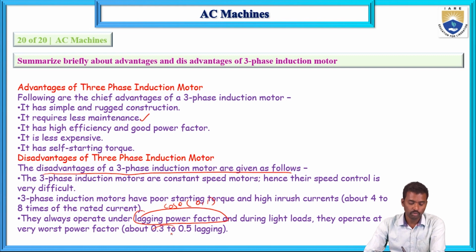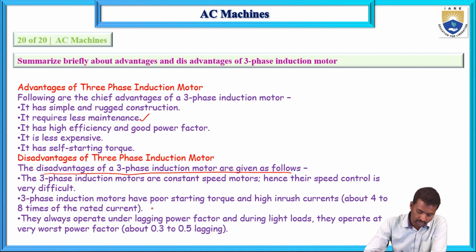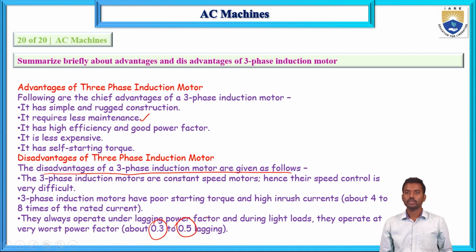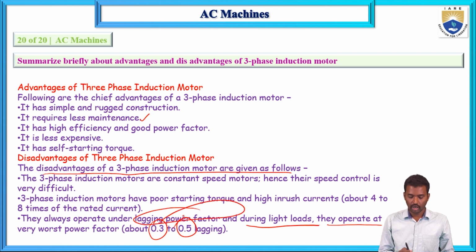For the induction motor, the power factor range is 0.3 to 0.5 lagging. During light loads, it operates at a very poor power factor. So this is one drawback: it operates under lagging power factor.